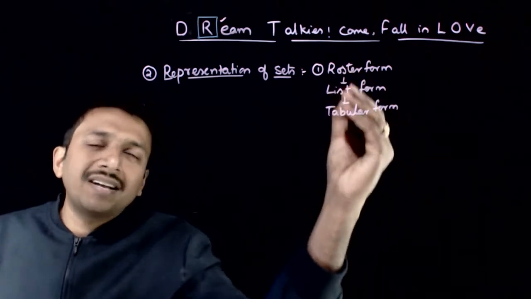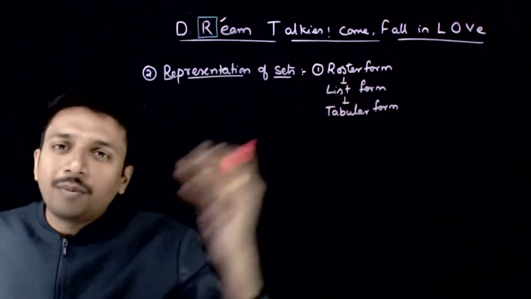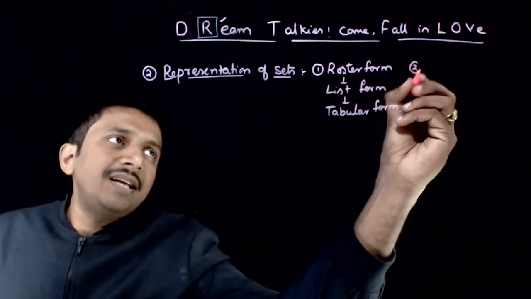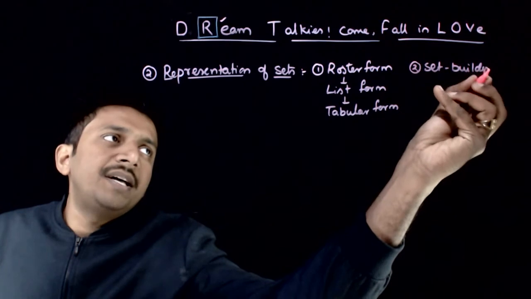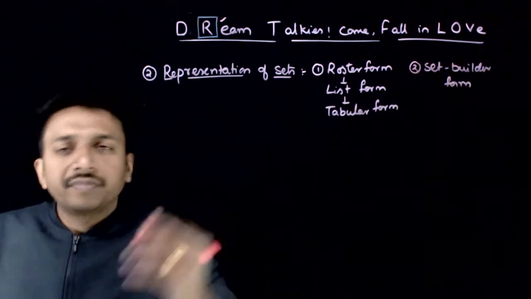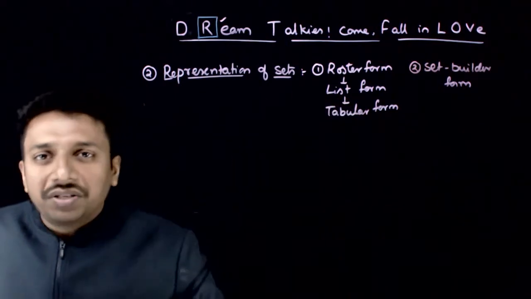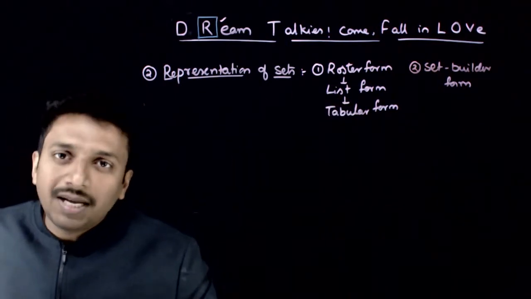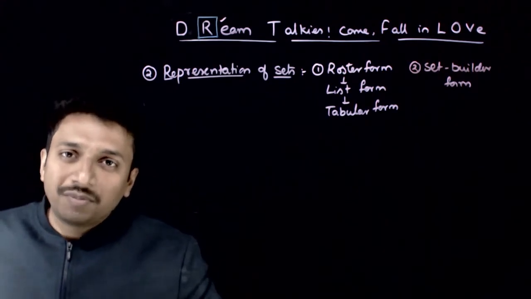All these are different ways of saying the same thing: roster form, list form or tabular form. And the second is set builder form. So sets are usually represented in two ways, roster form and set builder form. Let us see what these forms are.